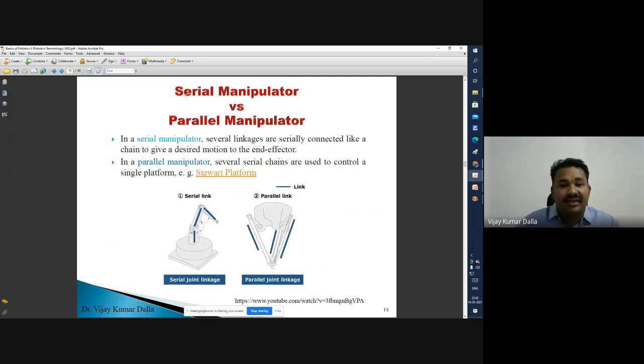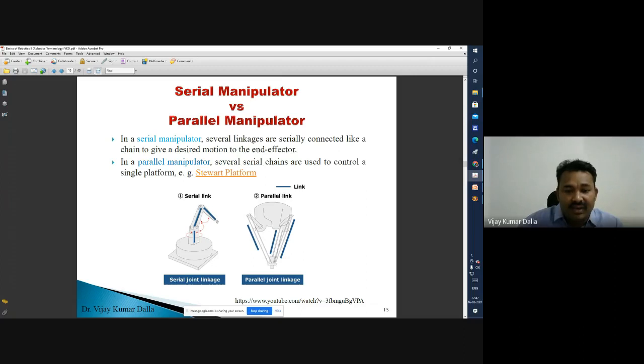Now, a serial manipulator versus parallel manipulator. The left figure is a serial joint linkage, the right figure a parallel joint linkage. In a serial joint linkage, all the links are connected by the joints in a series.